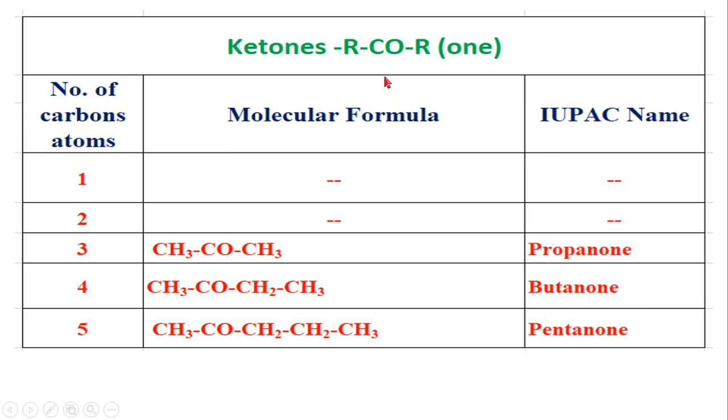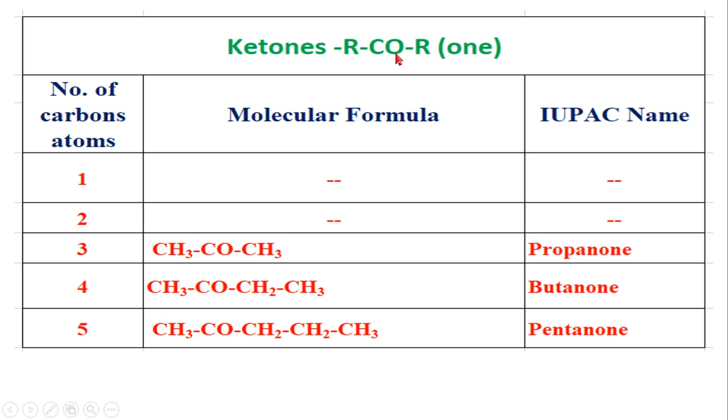Now come to the last one, that is ketones. In ketones, the functional group is CO. The general formula is RCOR and the suffix used is one. Here in the place of R we put CH3, so CH3COCH3. So totally 3 carbon atoms.